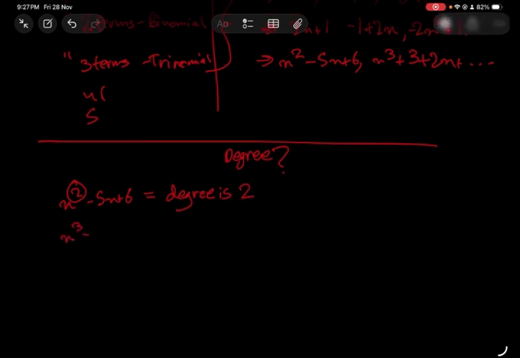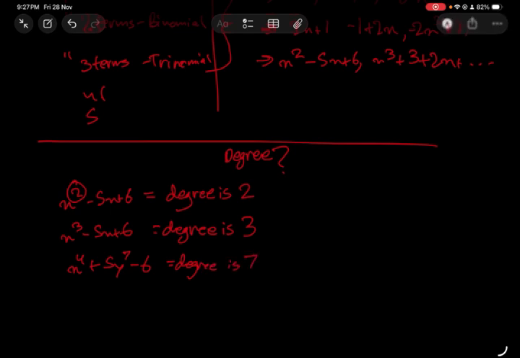In this one, the degree, aka the highest power of x or any variable for that matter, is 3. In this, our 4 plus 5y power 7 minus 6, the degree is 7.